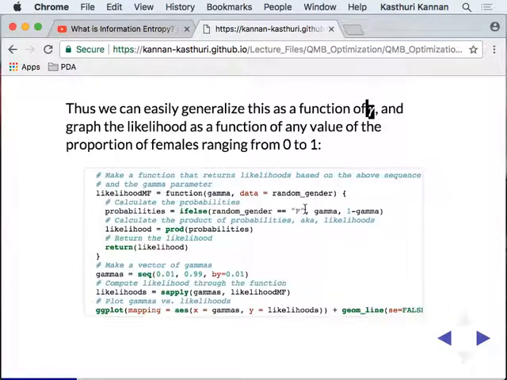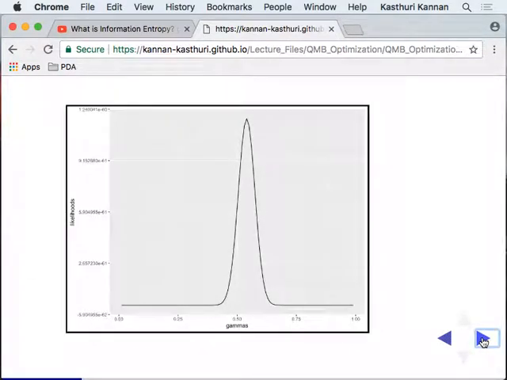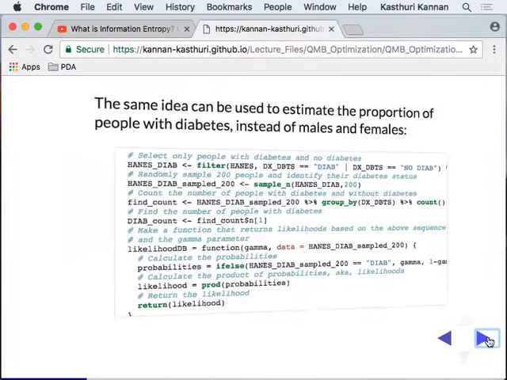If it is a female, I'm taking gamma, or if it's a male, it's 1 minus gamma, and then I'm taking the product of the probabilities and plotting it, right? Once you do that, you have a distribution here. This comes from the sample, from the observation. Now you can see the probability of the females in the population when you observe 200 from the sample. So that's the general idea behind the likelihood, right?